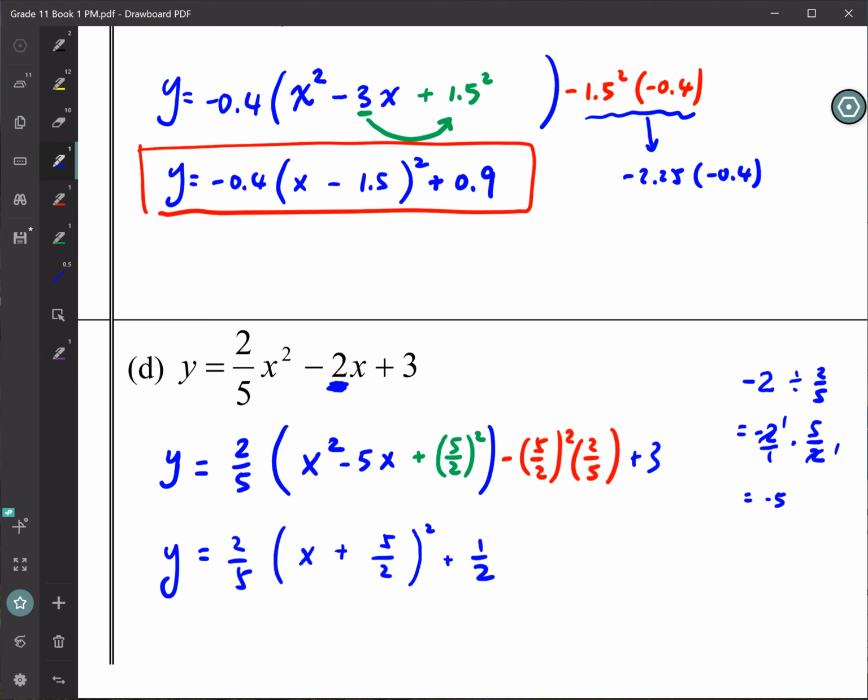Anyone got different? Evan, do you have anything different? I'm redoing the question because I messed up in the first step. Okay. How about Waylon? Anything different here? I think I got, I'm not sure if this is correct.